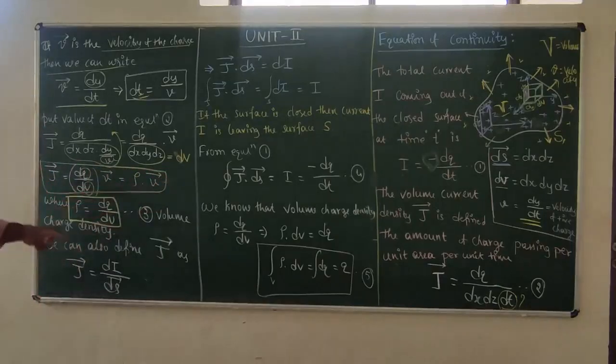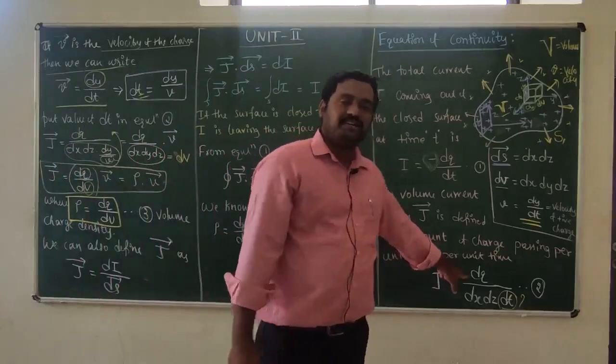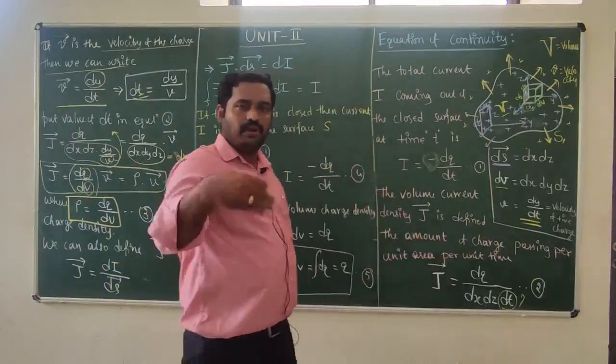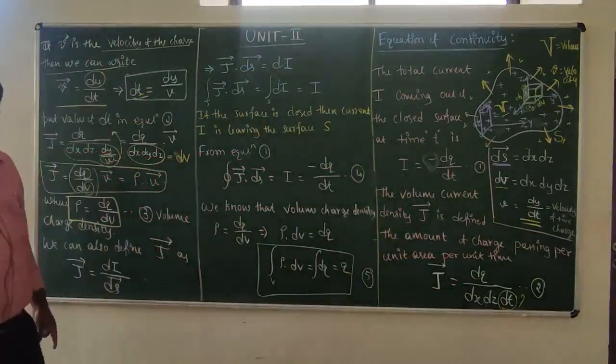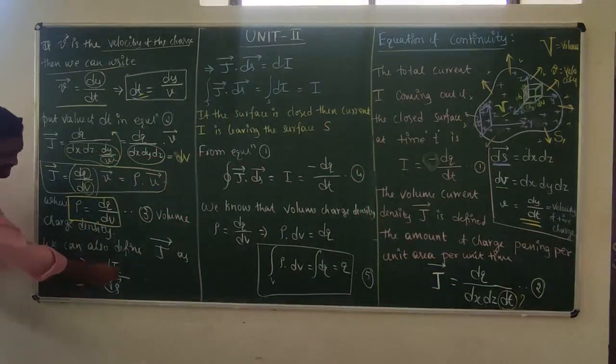We arrived at this when we considered the charge concept. Now one more concept using which we can calculate current density is using current. Current density is current by area.